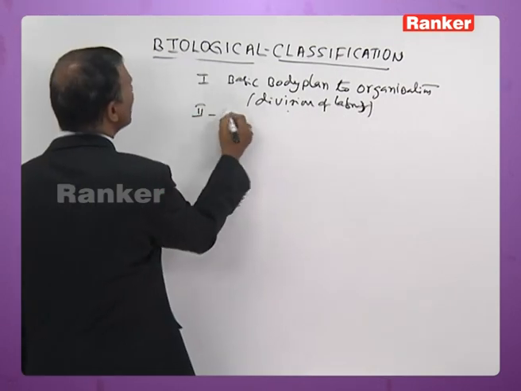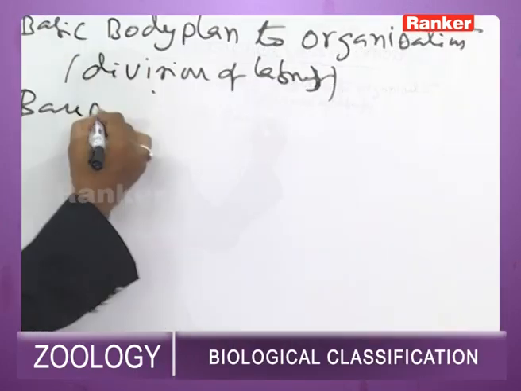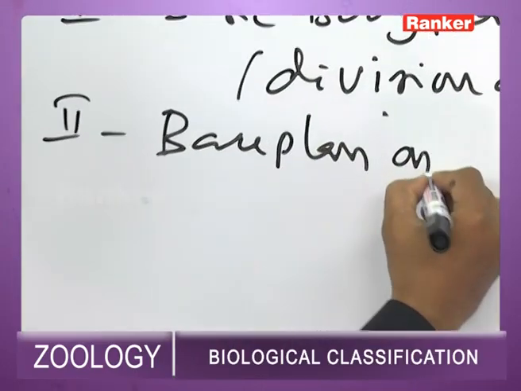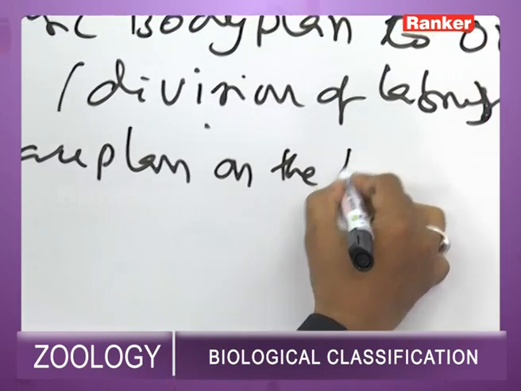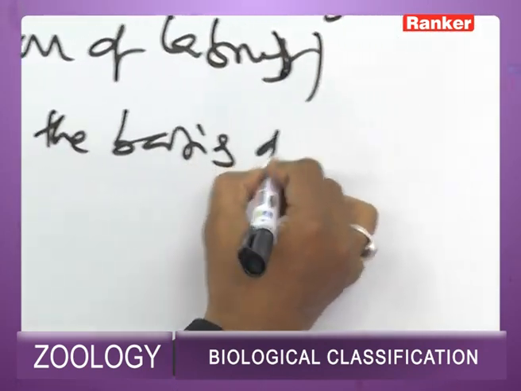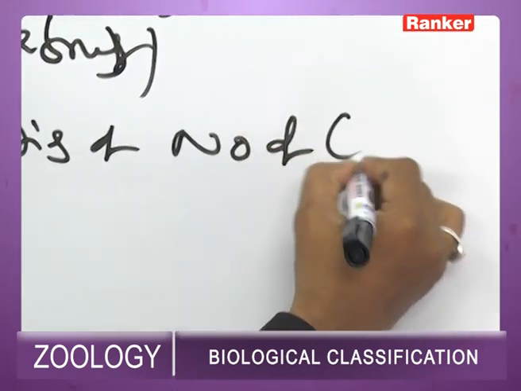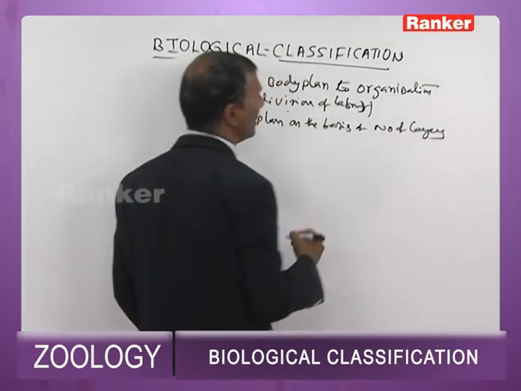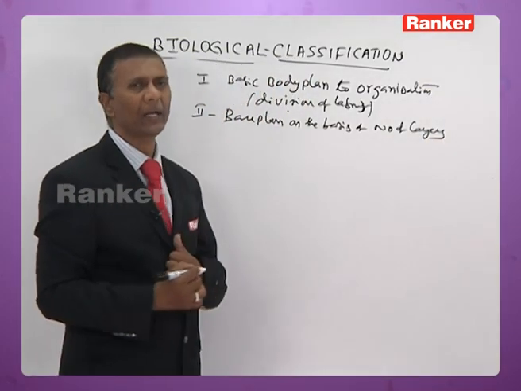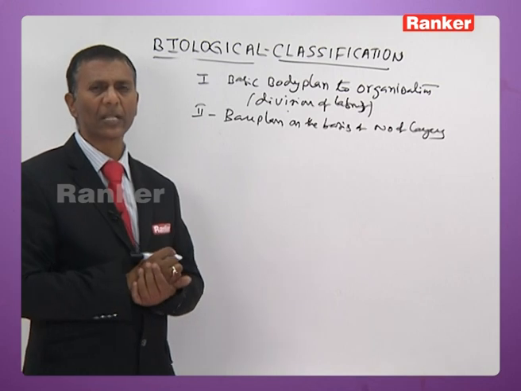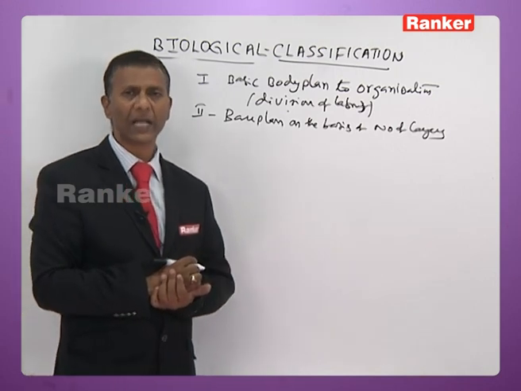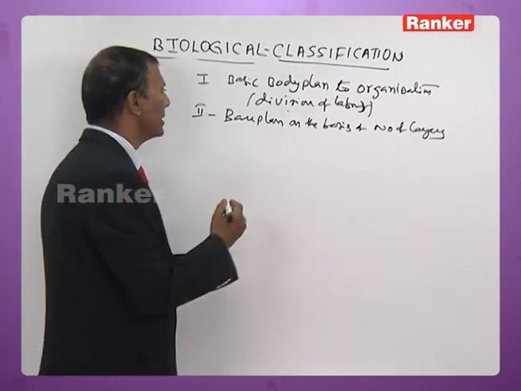Now the second is the body plan on the basis of number of layers. Under this you come across diploblastic animals and triploblastic animals.